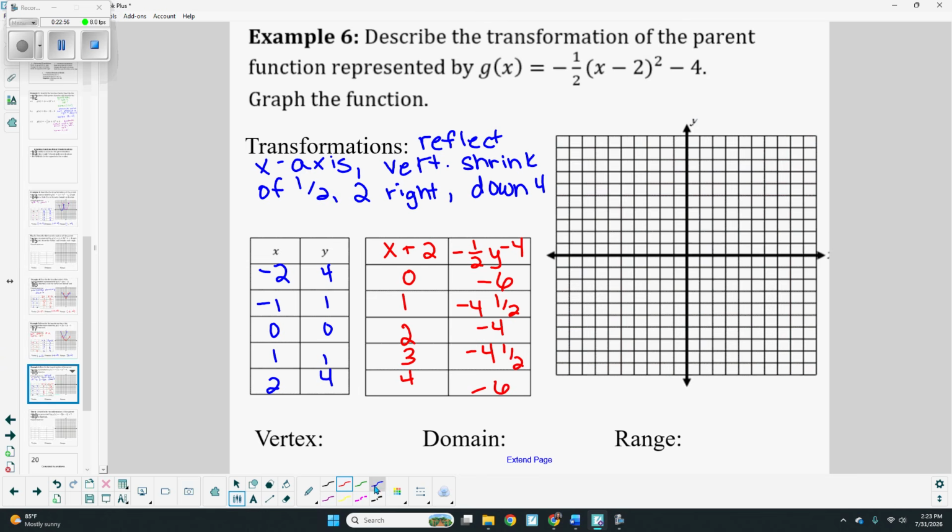So my original, which I forgot to graph, had looked like this. And now my transformed function, we have 0, -6, 1, -4.5, 2, -4, 3, -4.5, and 5, -6.